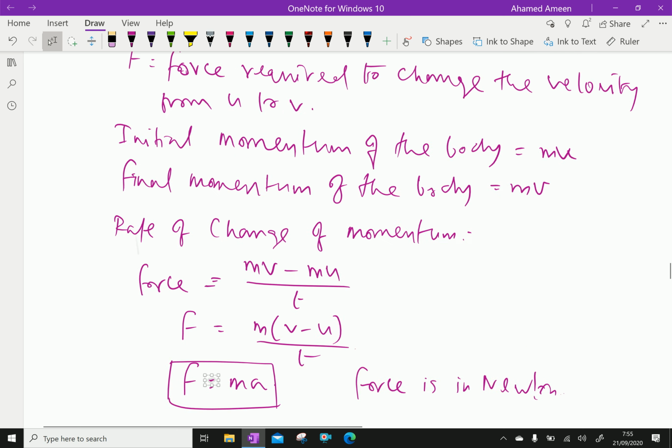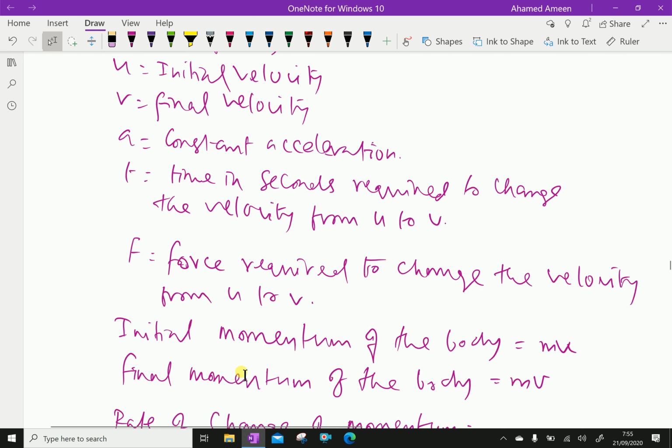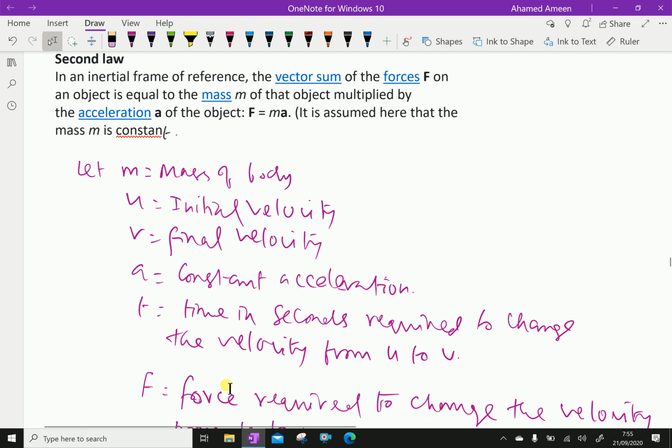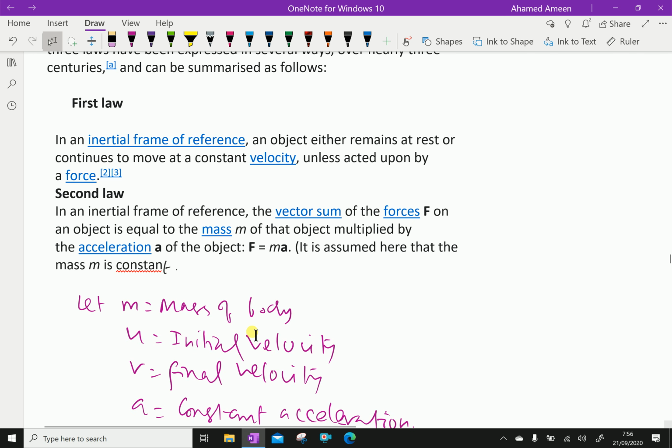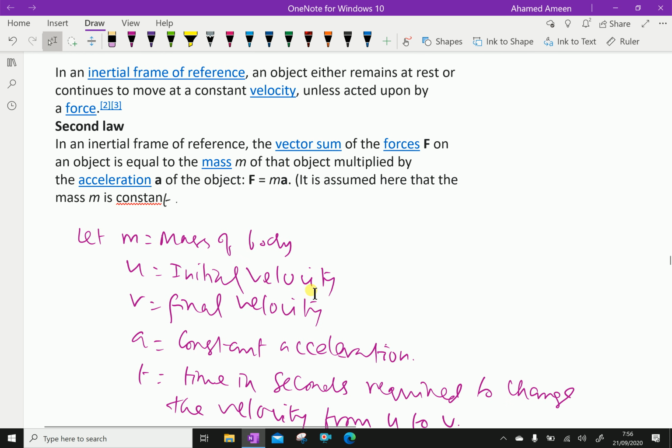Regarding this third law, suppose a gun is fired: the bullet goes forward with a certain velocity, and at the same time the gun recoils back with the same momentum, that is, the same force.